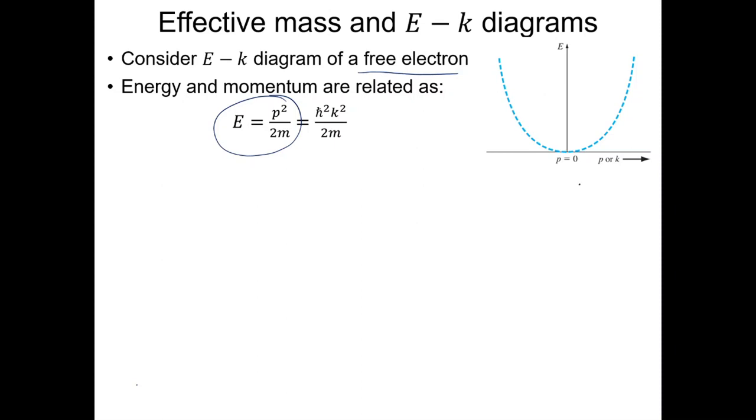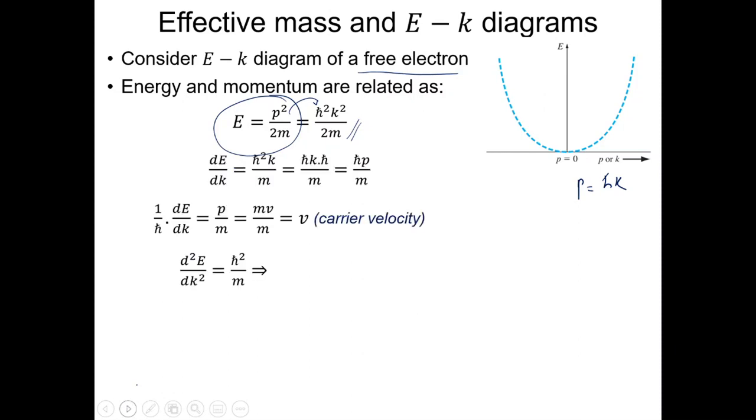You remember that the momentum we earlier defined as h bar k, so we can write momentum as h bar k, and the energy becomes h bar square k square divided by 2m. Now from here let's take the first derivative of the energy, dE by dk.